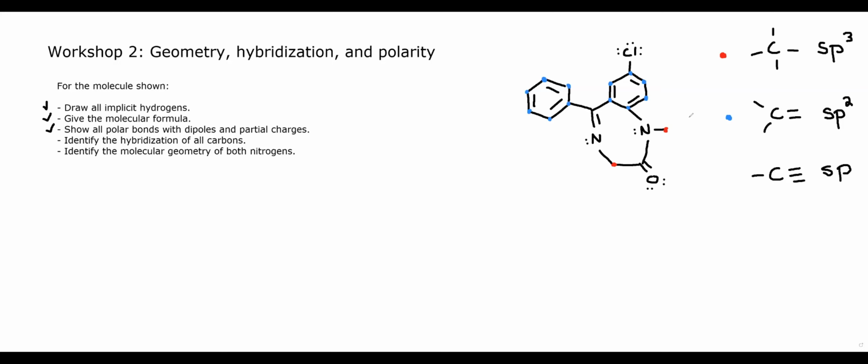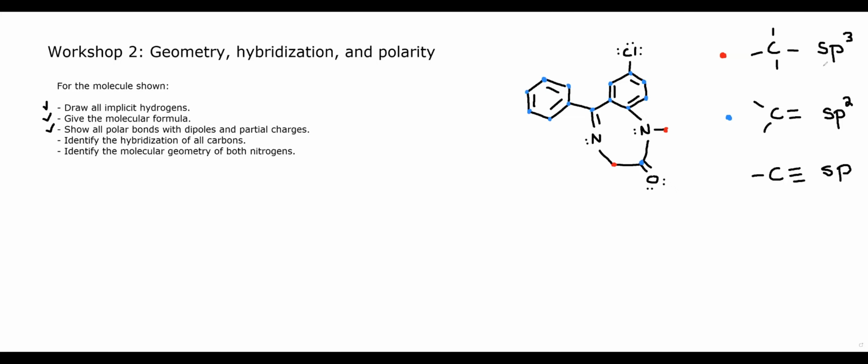It's a very common moiety. So all of these carbons with double bonds in the ring, these are all sp2. This carbon here has a double bond on it, 2 single bonds, so that's sp2. And our final carbon here has a C double bond O, and then 2 single bonds. So this is also sp2 hybridized.